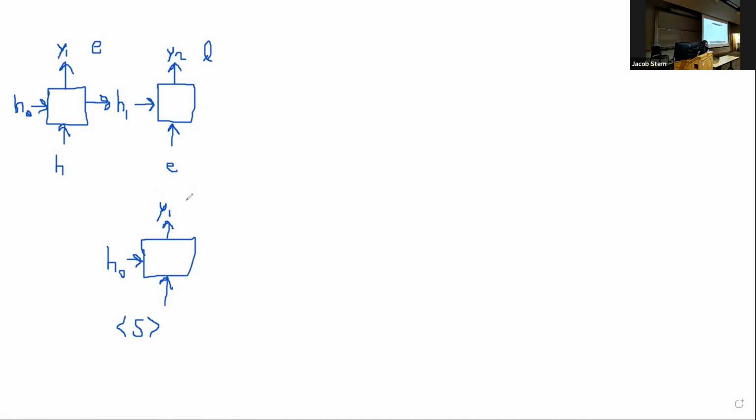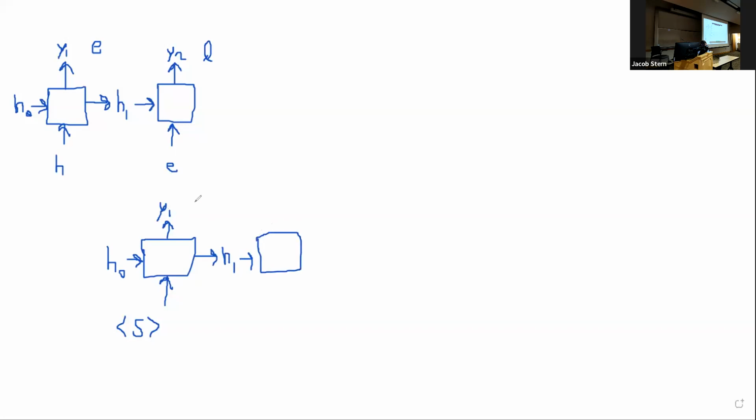Okay, so we have this vector of predictions, Y1, and we want to predict the next token. So what's one option that you can think of that we might use as our next token for using this RNN at inference time?